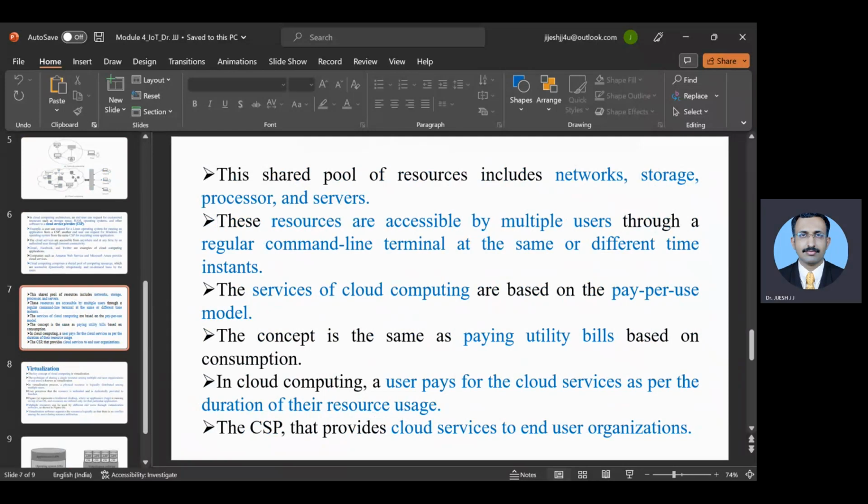Then cloud service providers provide cloud service to the end user, organizations and all those. So based on your requirement, you customize the entire process and you can use it. You can make it user friendly, you can use it at any point of time, anywhere. So many facilities are there. You have to pay and customize it as per your requirement. So that is all about the introduction.